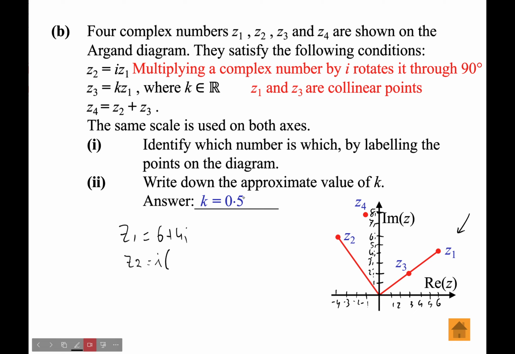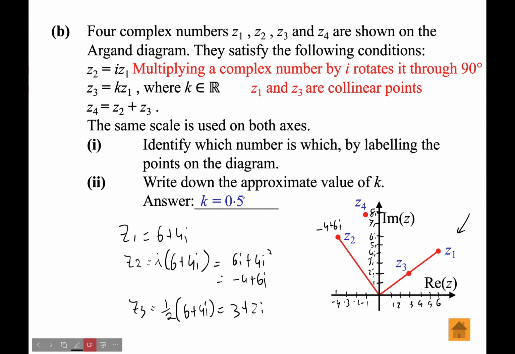Z2 would be i times Z1. So I get 6i plus 4i squared. So i squared is -1, so I get -4 plus 6i. That looks right, -4 plus 6i. Then Z3 is equal to, well, we figured that k was a half, so a half times 6 plus 4i will be 3 plus 2i, and that's right.